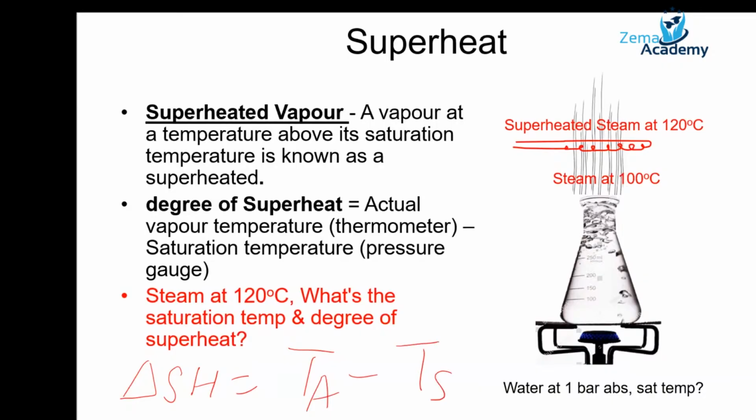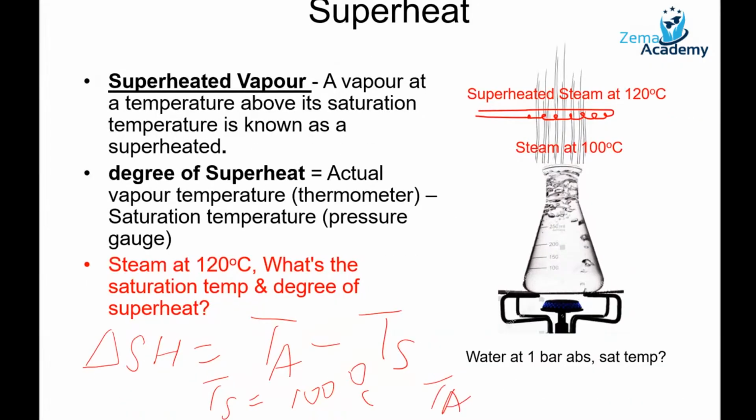One example that I just gave you here is water boiling. Of course, the steam is at 100 degrees C and the superheated steam temperature is 120 degrees C. What is the saturation temperature and what is the degree of superheat? Tsat is 100 degrees C, T actual is 120 degrees C, and therefore degree of superheat is 120 minus 100, which is 20 degrees C.